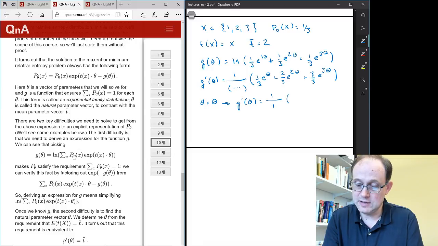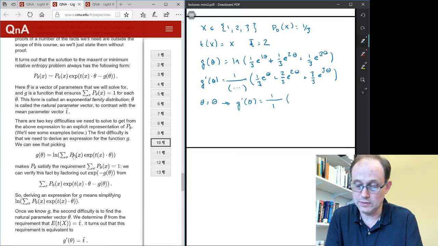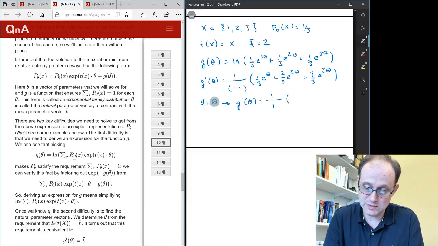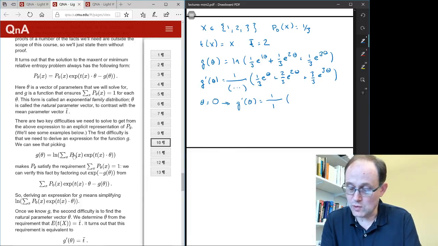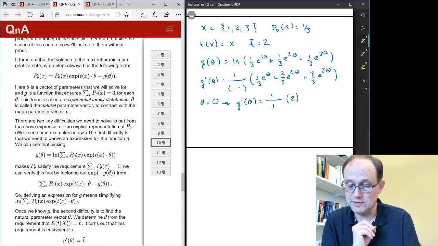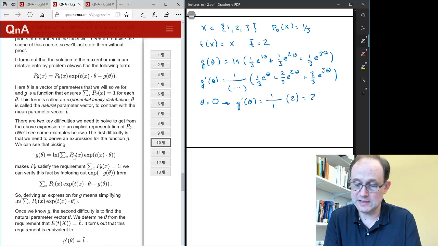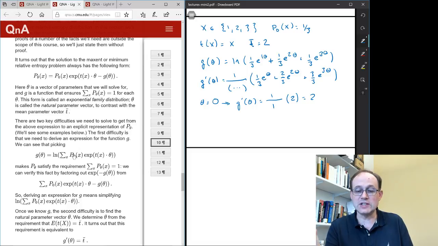And then inside the parentheses, each of these terms, e to the theta, e to the 2 theta, e to the 3 theta, is 1, because theta, 2 theta, and 3 theta are all 0. So 1/3 plus 2/3 plus 3/3 is just 2. And so we've discovered that if we would like the mean of this distribution to be 2, we can set theta to be 0.